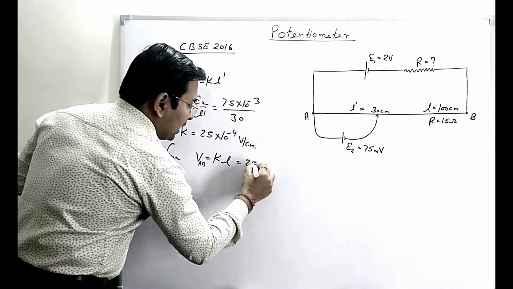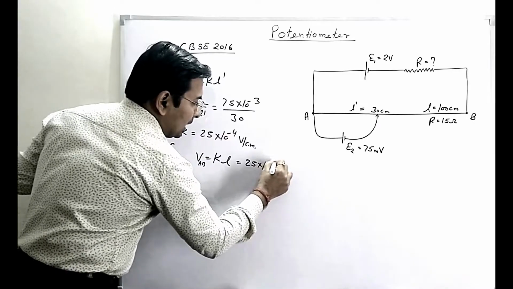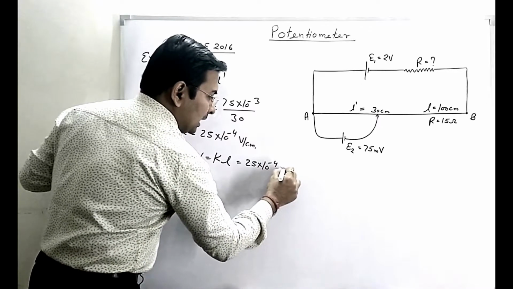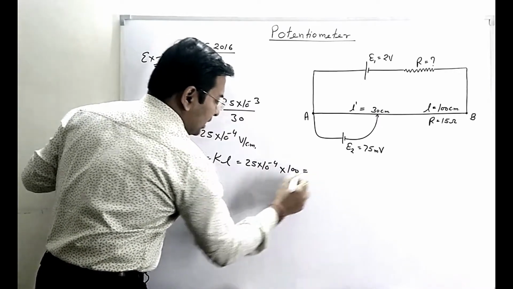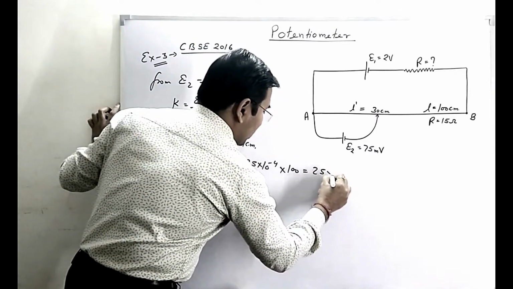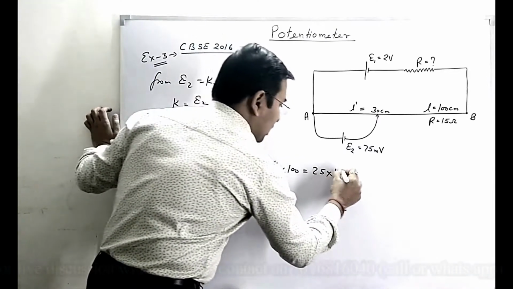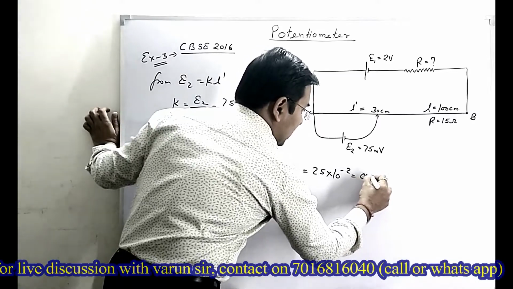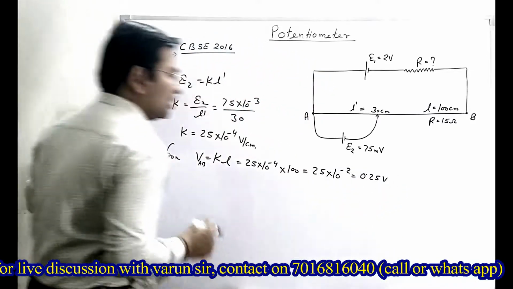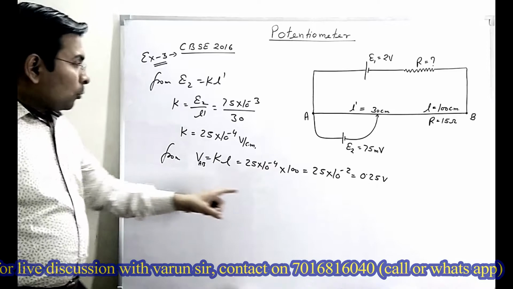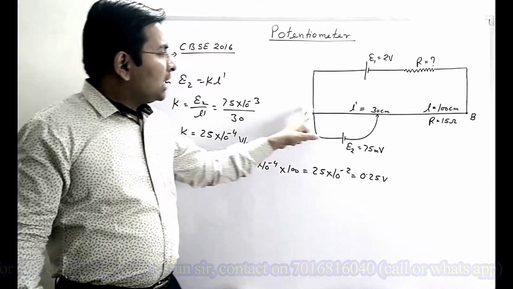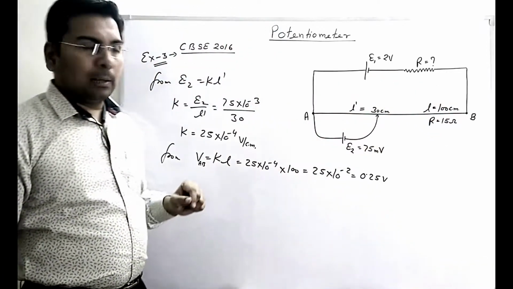The value of K is 25 into 10 to the power minus 4 and the value of length is 100. So this will be 25 into 10 to the power minus 2, or we can say 0.25 volt. So 0.25 volt is the potential across the wire AB.